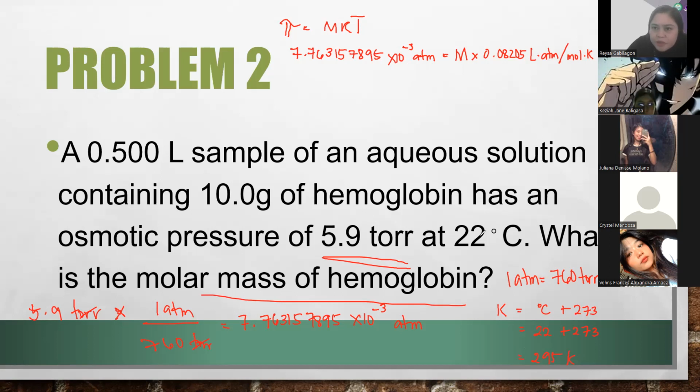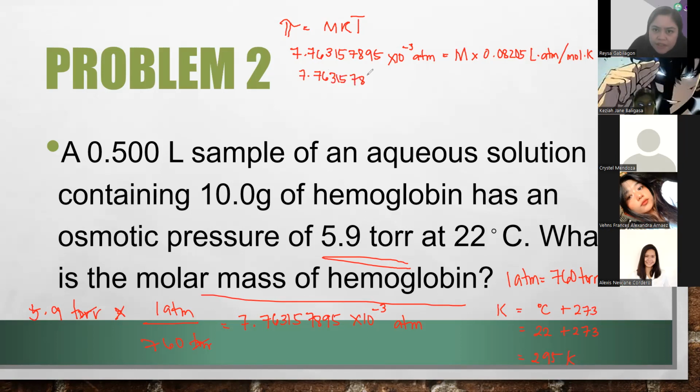Okay, so let's proceed. 7.763157895 times 10 raised to the power of negative 3 ATM equals, let's multiply this one, 295 times 0.08205, that's M times 24.20475.